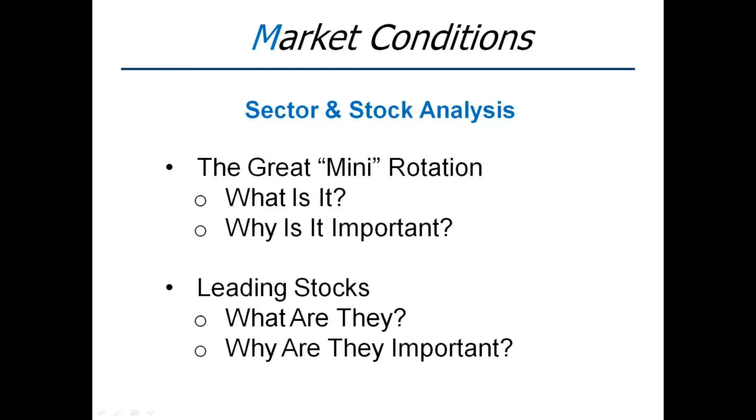And that great mini rotation happens all the time. So it's important to ask what the overall picture is. Are there sectors that are emerging and acting well? There are sectors that are basing, and then do they break out and go when the other sectors need a breather? It's very healthy to see that great mini rotation alive and well. And the way you do that is to look at different ETFs, which are all liquid and available.